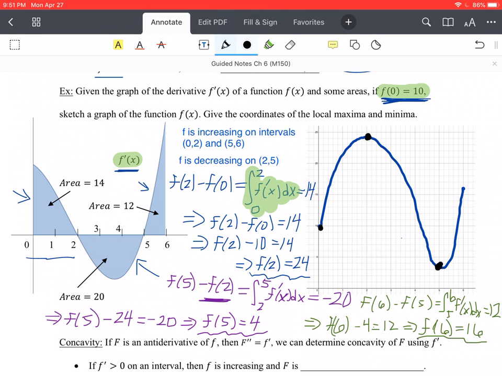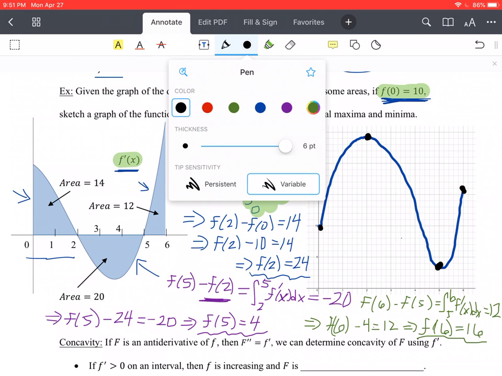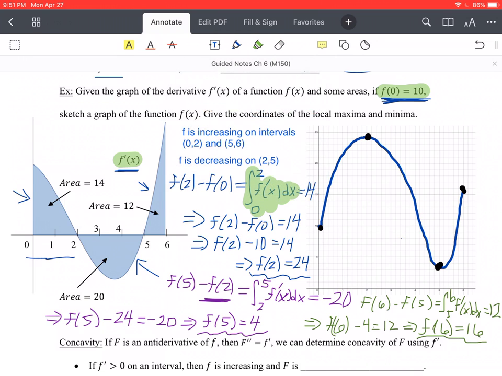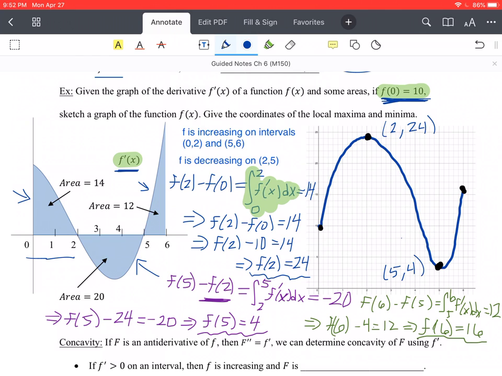Right there, and right there. And then we can label the local max and local min. Up here the local max is going to be (2, 24), and the local min down here is going to be (5, 4). And what we just created is the graph of the original function.